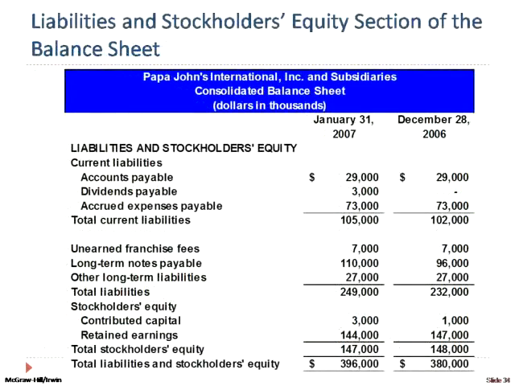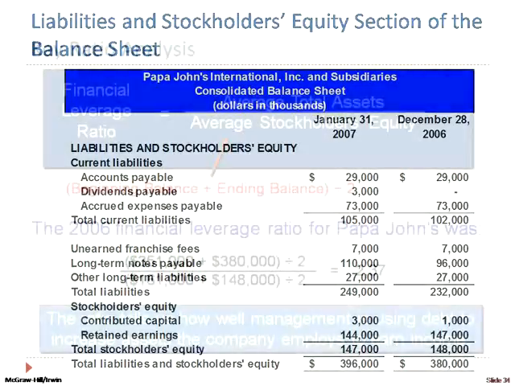Here is the liability and stockholders' equity section of the balance sheet for the same periods. Notice that the total liabilities and stockholders' equity at January 31st, 2007 is $396 million. Papa John's balance sheet proves that assets equal liabilities plus stockholders' equity.